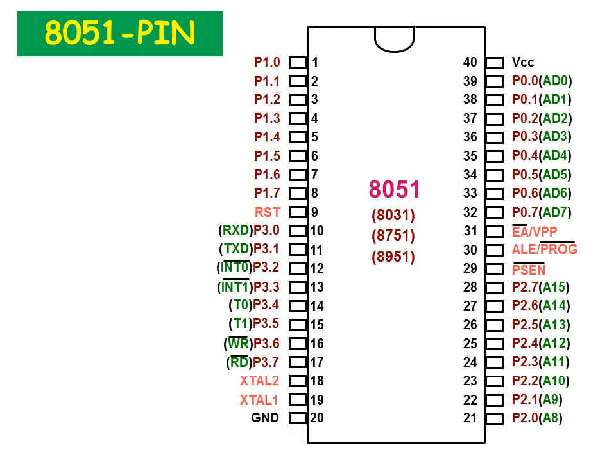Check the pin diagram of the 8051. The 8031, 8751, and 8951 have the same architecture as the 8051, and also the same 40 pins. Now observe, it is very simple to remember the 40 pins.